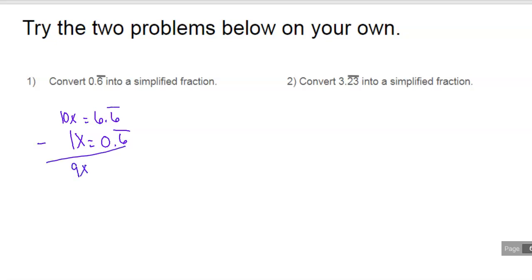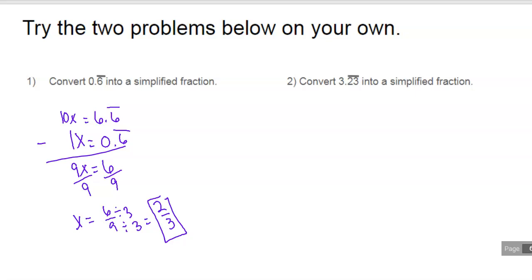I'm going to get 9x equals 6. And then I'm going to divide both sides by 9 to get that x is 6 over 9, which can simplify to 2/3. And don't forget, you can always check your answer by actually dividing this, and you should get 0.6 repeating.